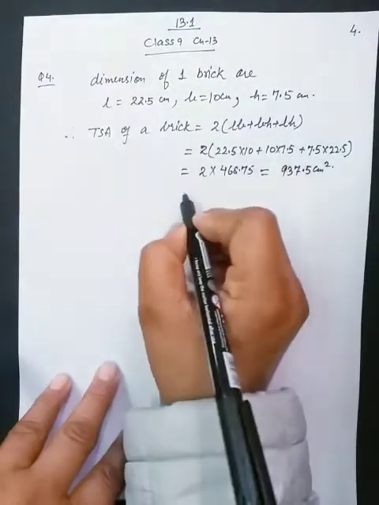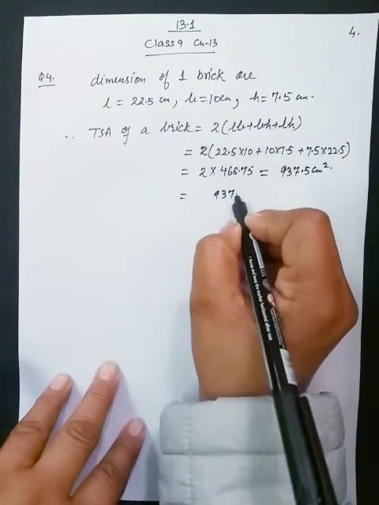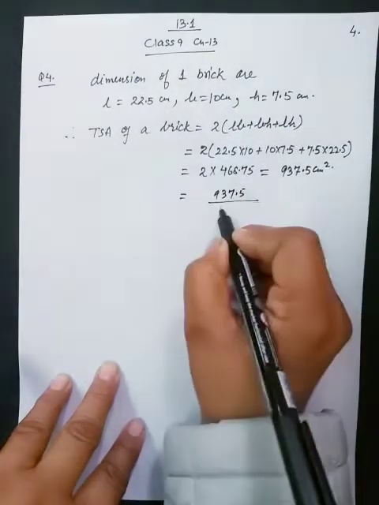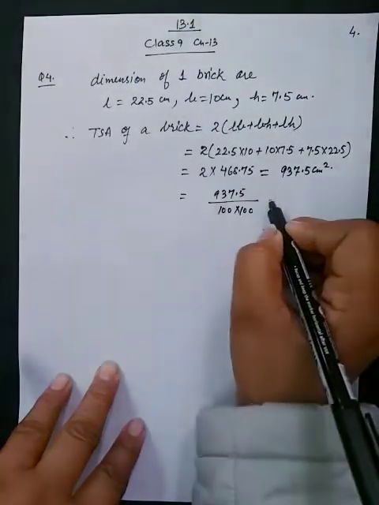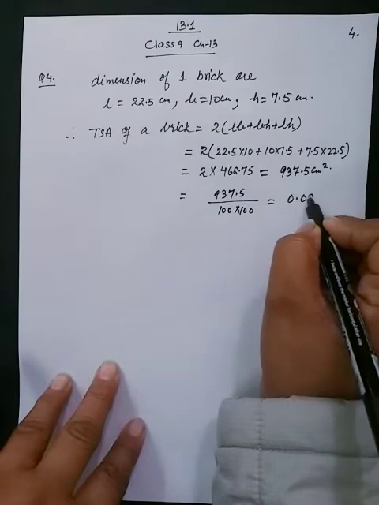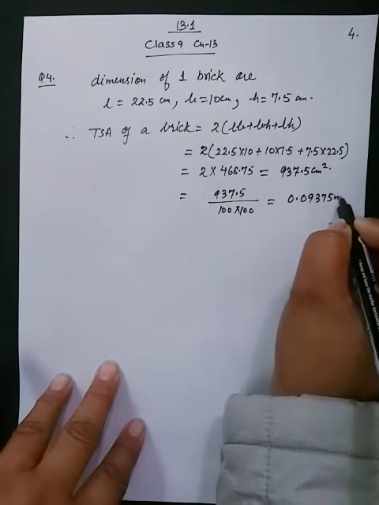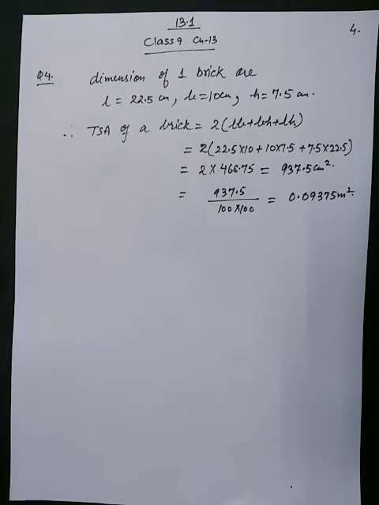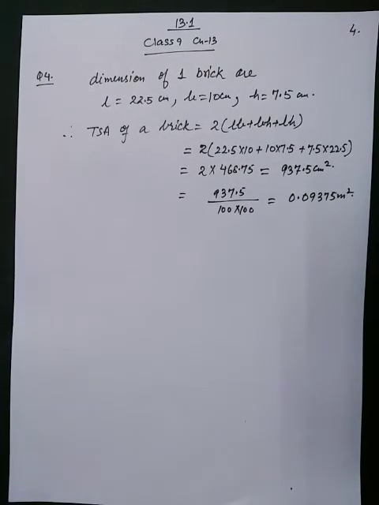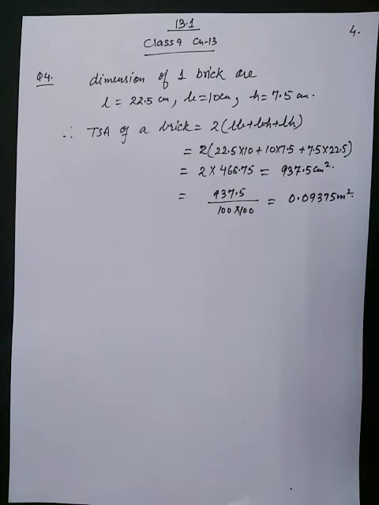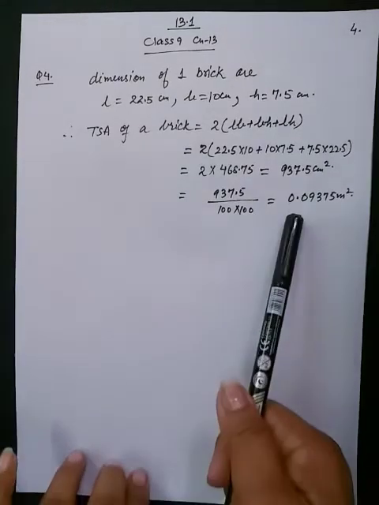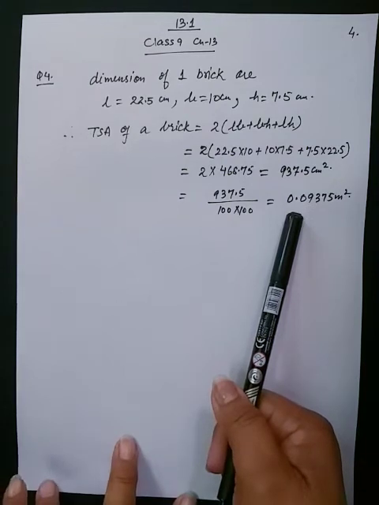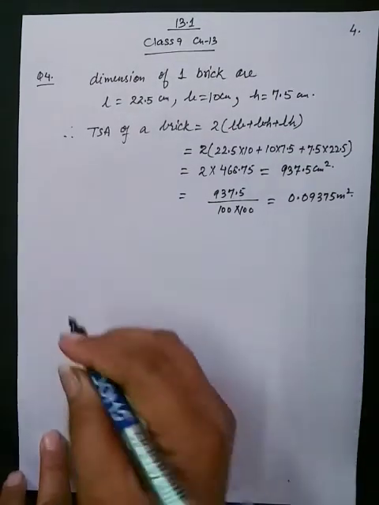And let us convert it into meter square. 937.5 divided by 100 into 100, and we will get 0.09375 meter square. Now, the paint in container can paint area equal to 9.375 meter square. So, one container is sufficient for that area and we have to find how many bricks can be painted from that container.